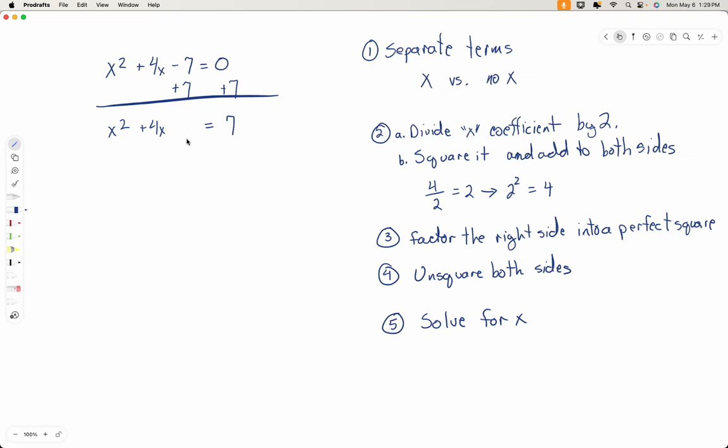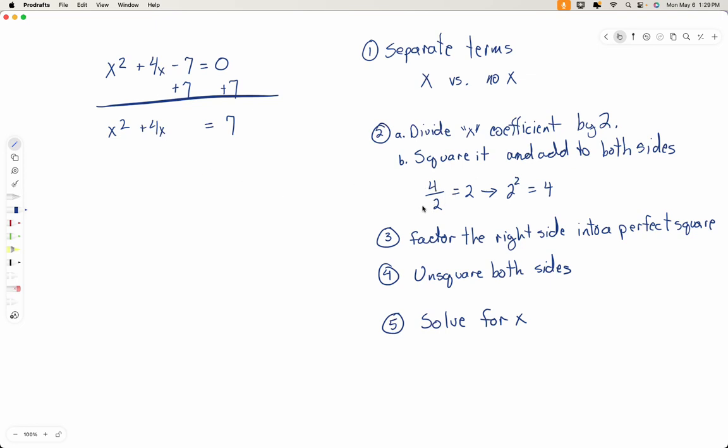Now we're going to create that synthetic number, or that additional value that's going to allow us to factor the left side. To do that, we take the coefficient with the x term, and we divide this coefficient by 2. So that's it. We've got the 4 here, 4x.